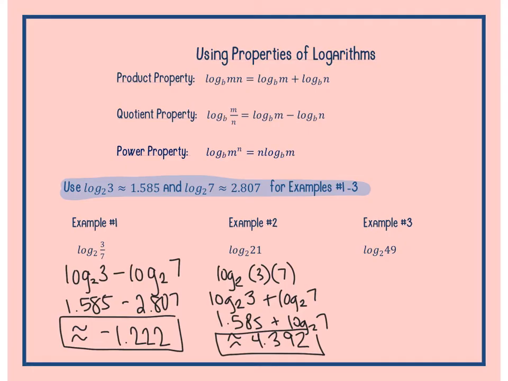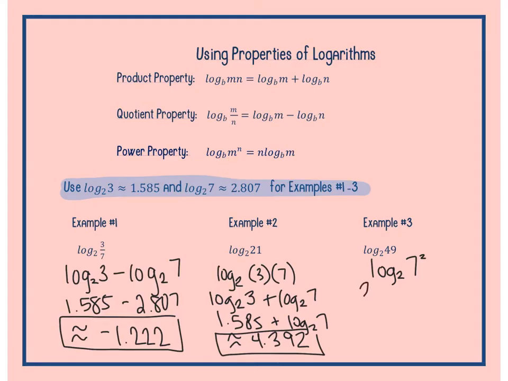Well, I only have the 3 and the 7. How do I make 3 or 7 turn into 49? Well, what if I square the 7? So log base 2 of 7 squared. We agree that 7 squared is 49. Now, this one we're going to use the power property. If it has an exponent, the exponent is going to come in front of it and multiply by it.